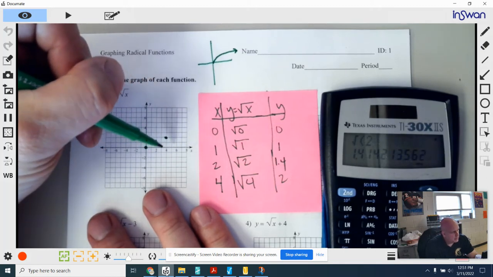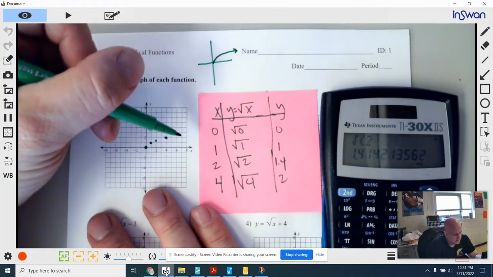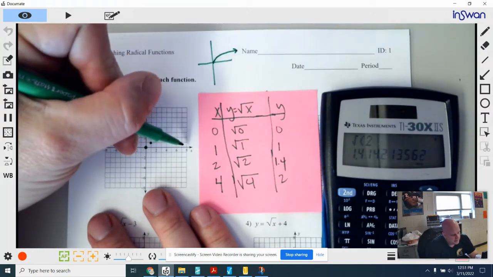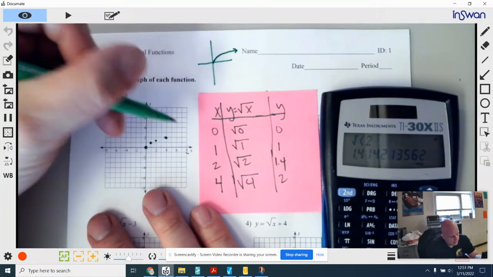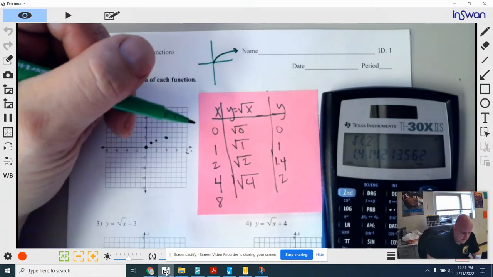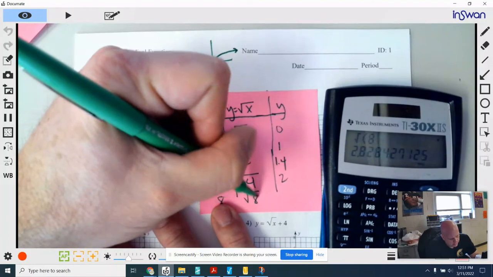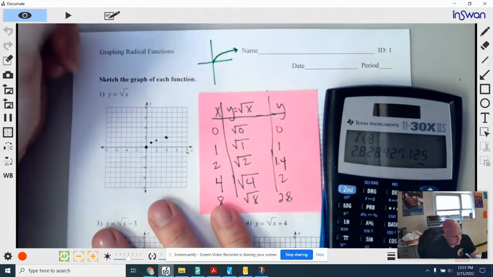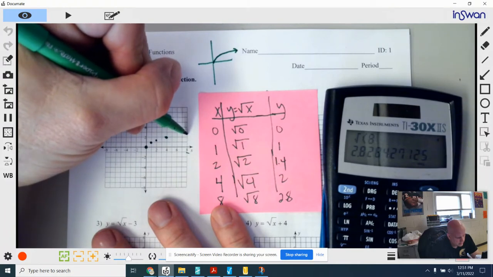The square root of 5, not a whole number. Square root of 6, not a whole number. Square root of 7, not a whole number. All right, but maybe I'll stretch it out. Maybe I'll use this 8 here just to give me another valid point over here. So 8, and take the square root of 8, and it's about 2.8. So when I plugged in 8, see there's 2, almost all the way up to 3.